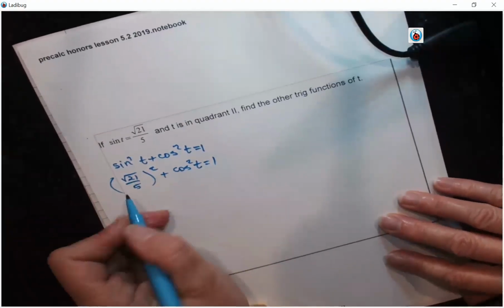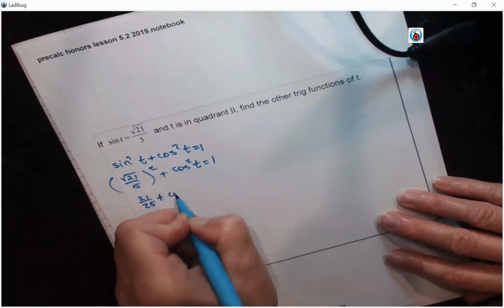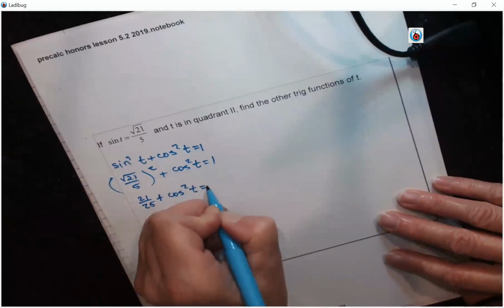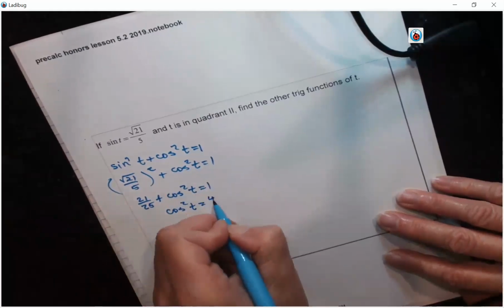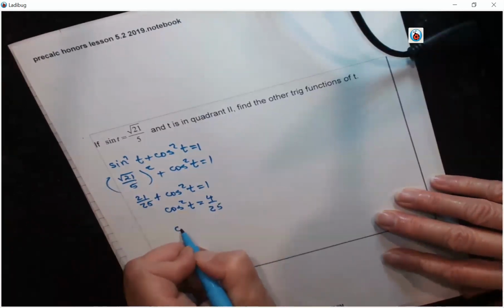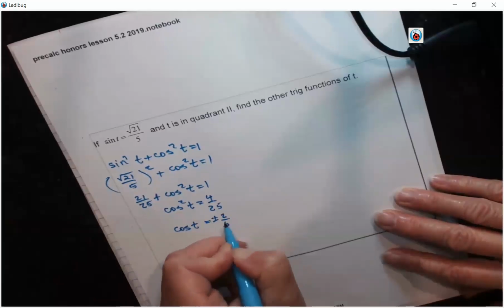When I square that, I get 21/25 plus cosine squared t is equal to 1. So that means cosine squared t is equal to 4/25, and cosine t is plus or minus 2/5.